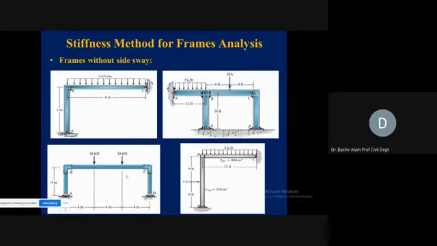Although the geometry and the support conditions, each and everything, are symmetrical, the loading is unsymmetrical, and there is nothing at the BC level to stop the lateral displacement. So because of the unsymmetrical loading, we can declare this a side sway frame.